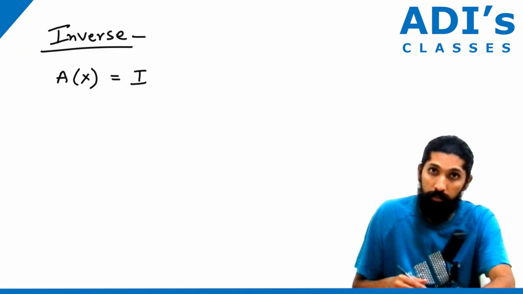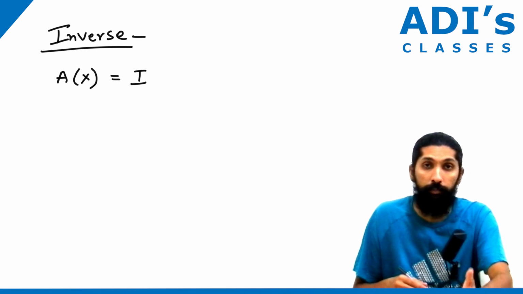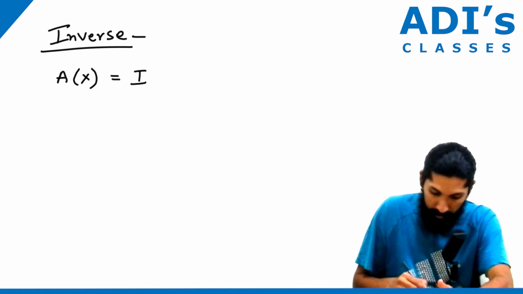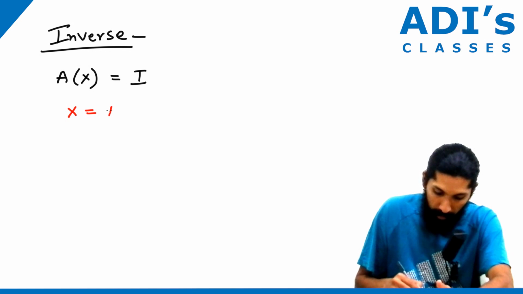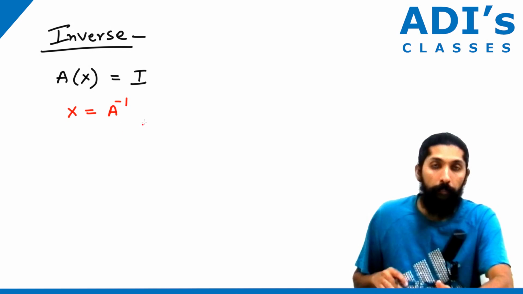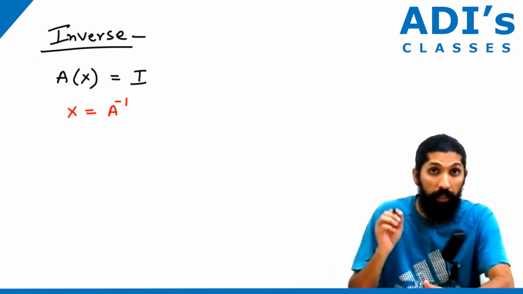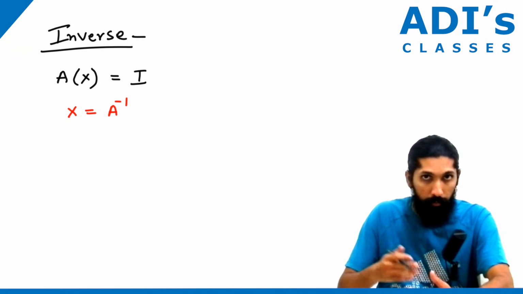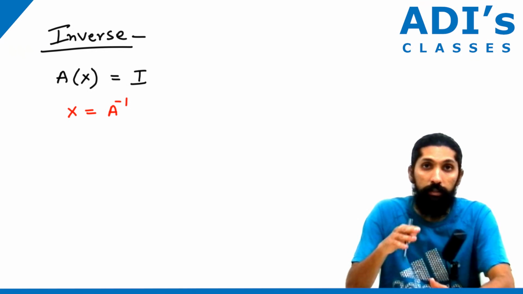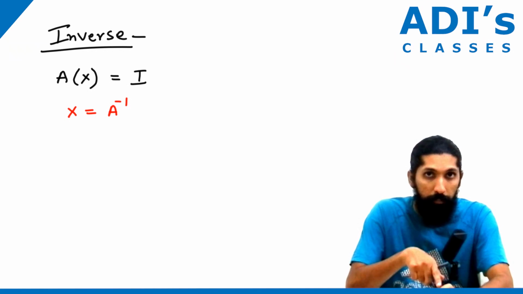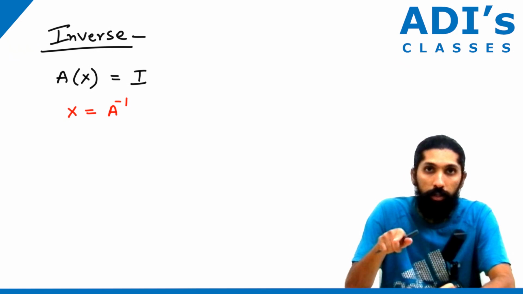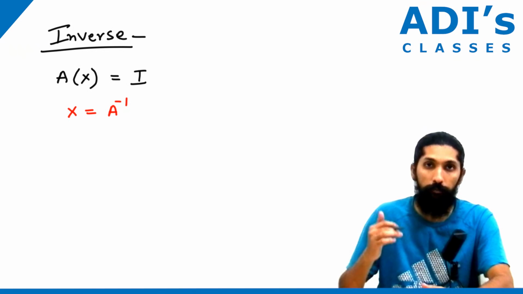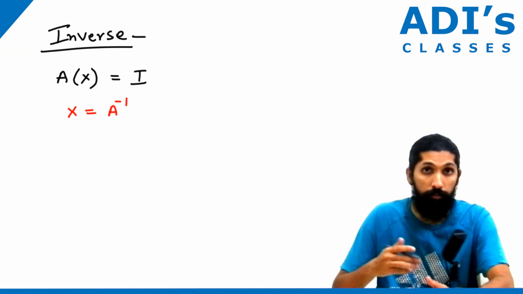That X is what we call the inverse of matrix A. We represent it as X is nothing but A inverse. This is what we call the inverse of a matrix. Let me repeat it one more time. The inverse of a matrix is that matrix which, when you multiply with the given matrix, gives you the identity matrix.